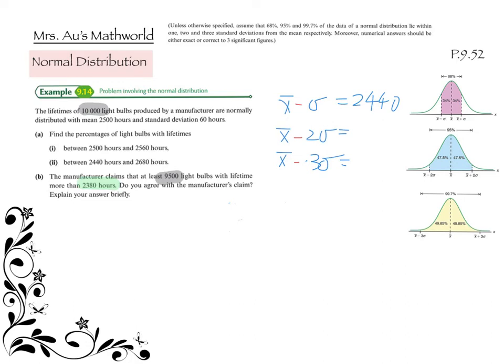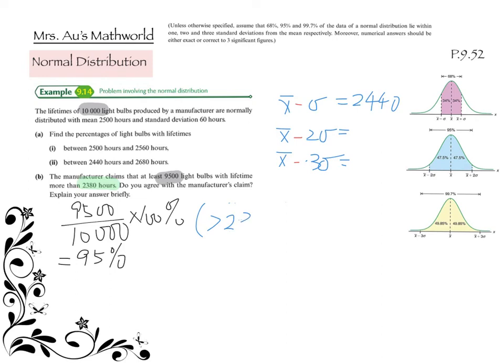So the claim is 9,500 over 10,000 times 100%, which is 95% of the light bulbs are going to have a lifetime greater than 2,380 hours. So this is the claim.